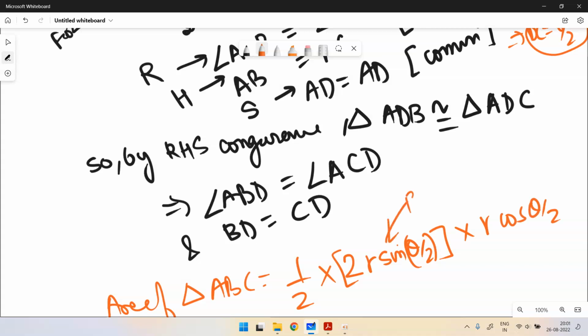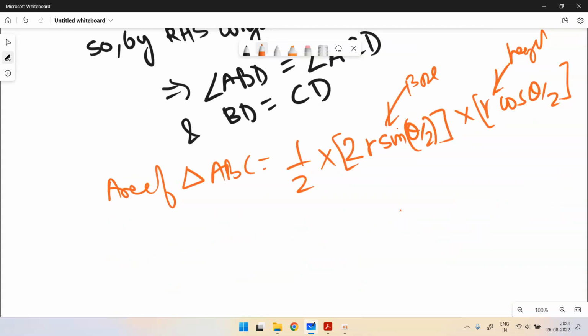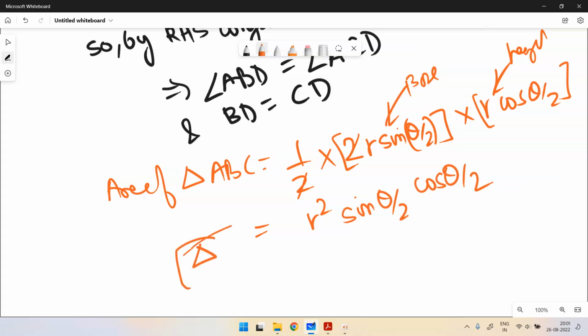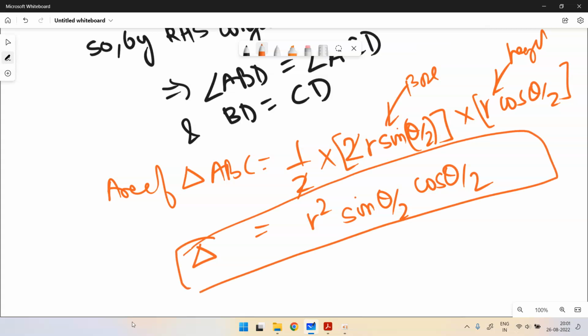This is the base of that triangle and this is the height of that triangle. If you solve this, 2 gets cancelled, and you get r square sine theta by 2 cos theta by 2. The area of this triangle is this.